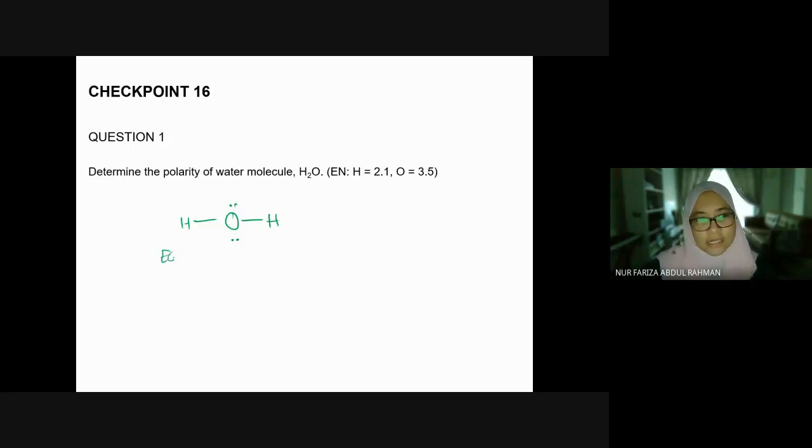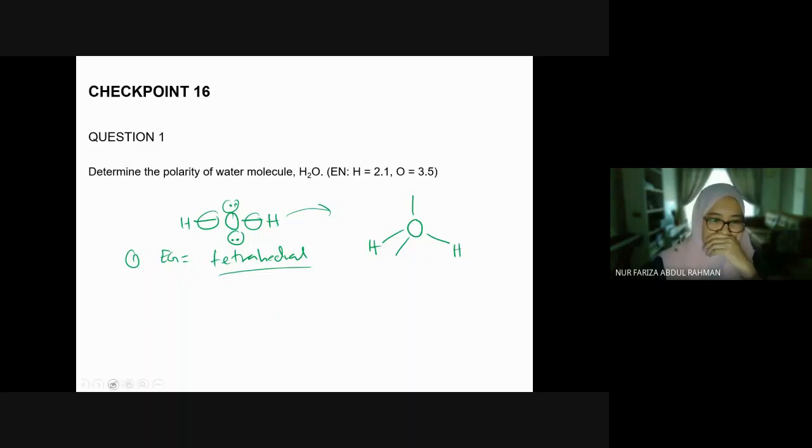Now determine the electron geometry. The electron geometry is 1, 2, 3, 4. It is tetrahedral. Next we will draw based on the tetrahedral shape. Transform this in terms of tetrahedral, like I suggested earlier. Let's say I want to put this one as hydrogen, here.